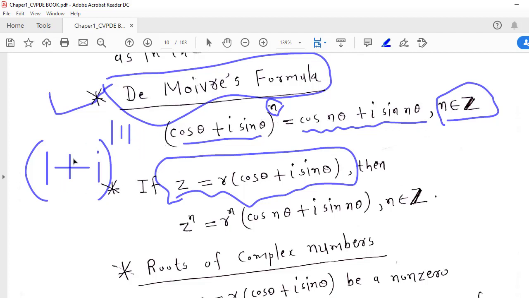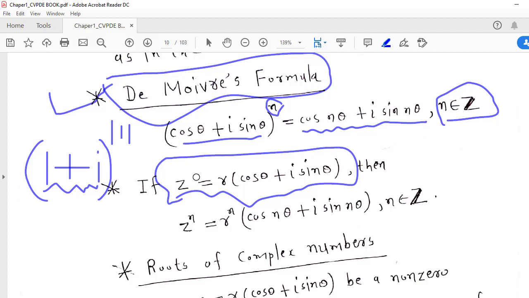Instead of doing multiplication 111 times, you convert your complex number into polar form and use De Moivre's formula. So you first write your complex number in polar form, z equal to r into cos theta plus i sin theta.